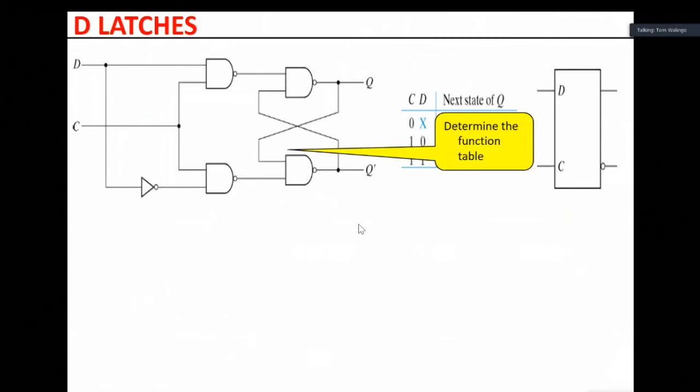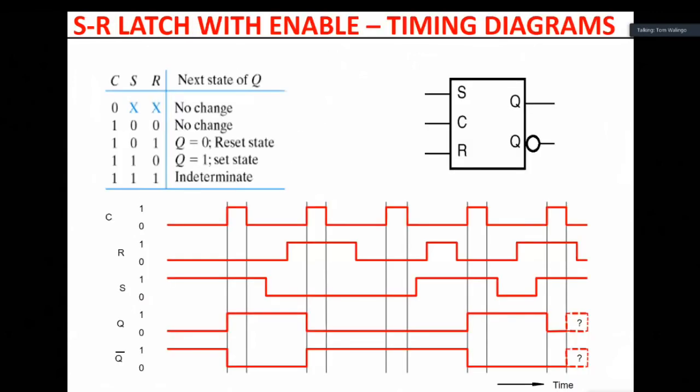Now, the next one. I just want to ask students who like thinking out of the books. We don't want a situation where S and R are the same. We are getting an indeterminate, undesirable state.